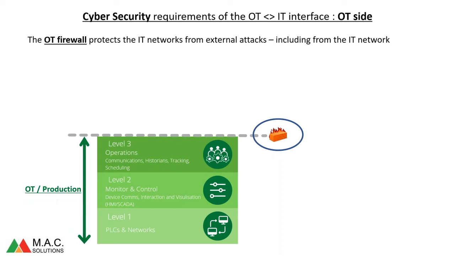So protecting the OT firewall is probably more important than protecting the IT firewall, because any intrusion is likely to come from the IT network down rather than from the OT network up.